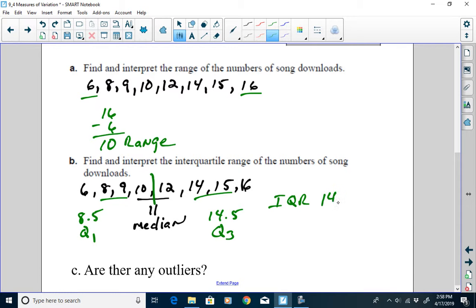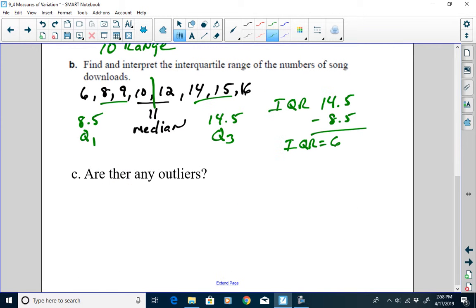So I take my 14.5, I subtract my 8.5, and I get an IQR of 6. That is my interquartile range, which means that the middle 50%, the middle one half of data, only varies by 6.